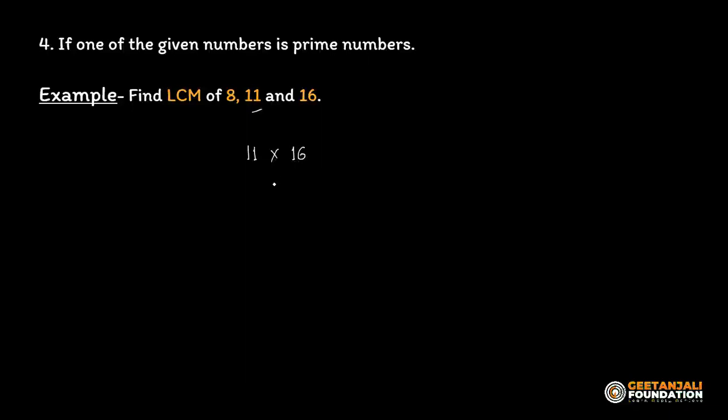So if there is a prime number, you cannot find its factors, you simply multiply the prime number with that. So it will be 176. This is your LCM. So the LCM of 8, 11 and 16 is 176. So you need to find out if one or more of the numbers are prime numbers. You need to multiply that number. You cannot factorize them actually.